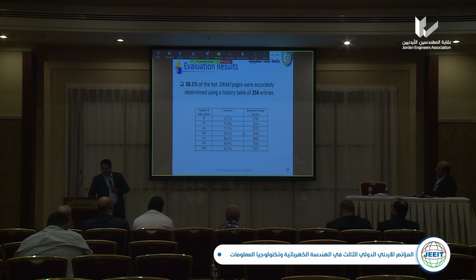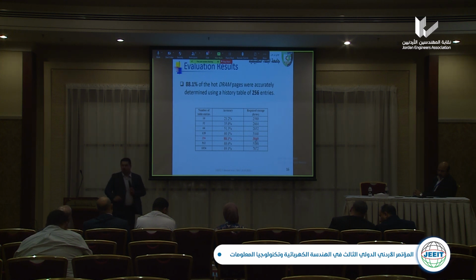The conclusion which can be drawn from this table is that the optimal number of entries of the employed history table should be 256 entries, and the accuracy provided in determining the hot DRAM pages using 256 entries will be 88.1%, and the required storage in terms of bytes will be 3080, approximately 3 kilobytes.